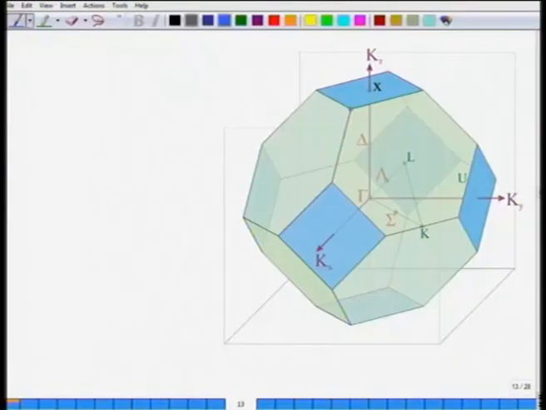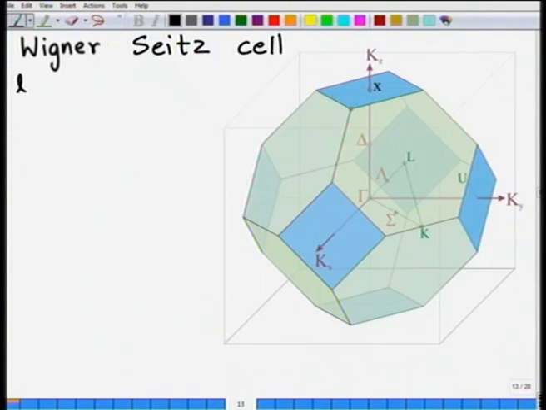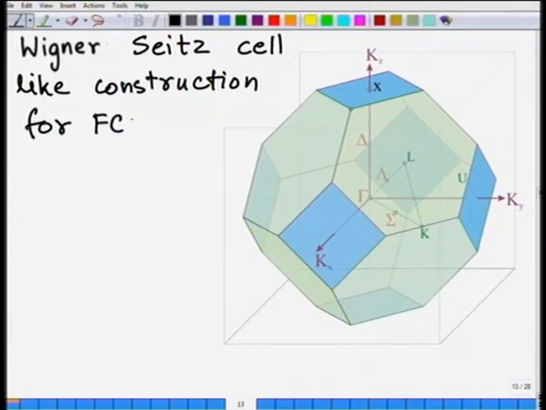Okay. So, once this transformation is done, let me show you the Brillouin zone, or the Wigner-Seitz cell, for FCC in reciprocal lattice.